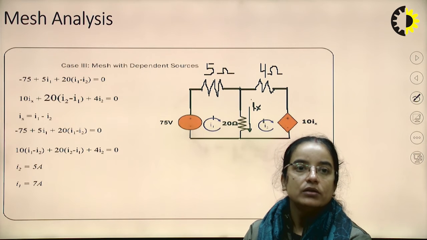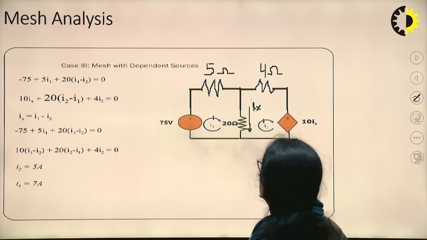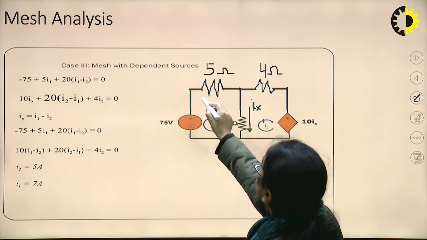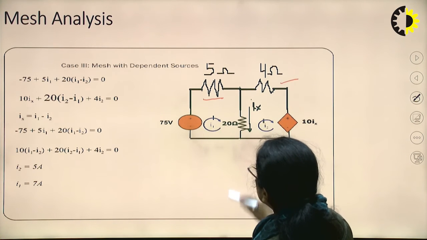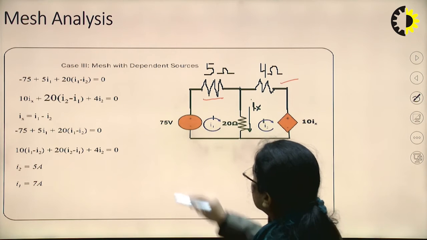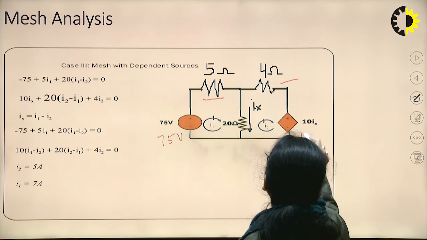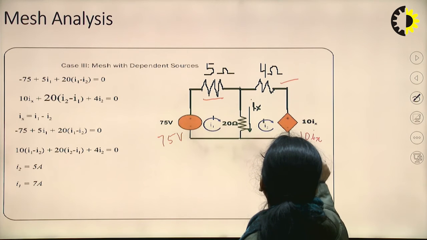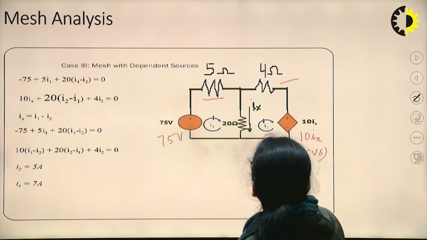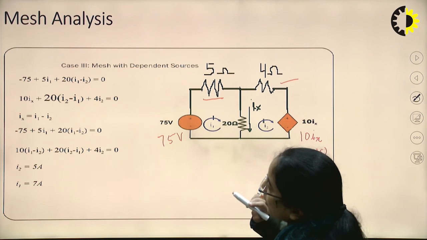Now see here, the mesh is there with a dependent source. This is the 5 ohm resistor, this is the 4 ohm resistor, and this is the 20 ohm resistor. Here a 75 volt independent voltage source is there, and here 10 Ix, that means it is a current dependent voltage source. Two mesh currents I1 and I2 are assumed here.